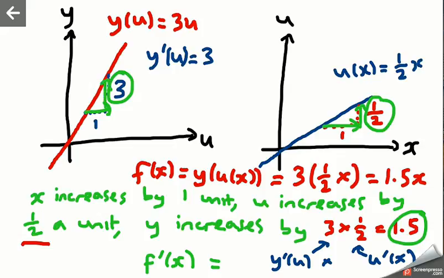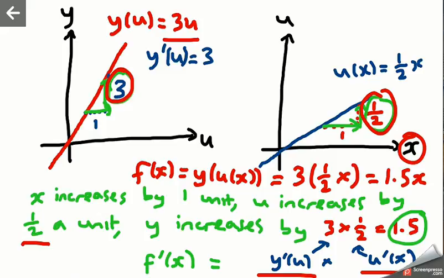And that's why we got to multiply 3 by a half. That's where these two guys come into play. And so that's why we got to multiply the change in y with respect to the middle variable with the change in the middle variable with respect to the final variable. So that's what's going on there.